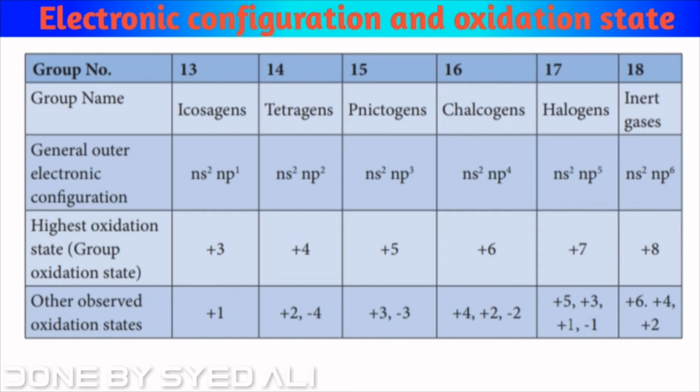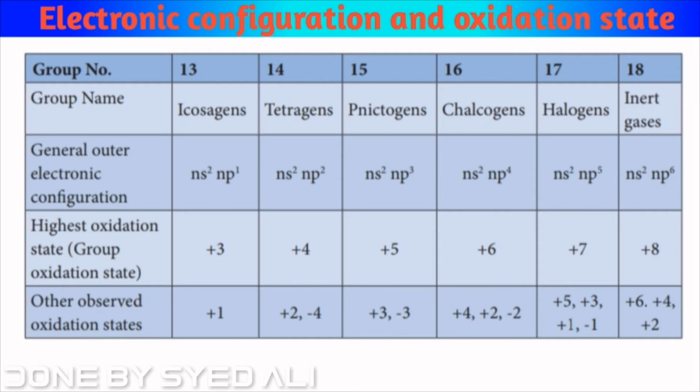The highest oxidation state is +3 for the 13th group, +4 for the 14th group, +5 for the 15th group, +6 for the 16th group, +7 for the 17th group, +8 for the 18th group.